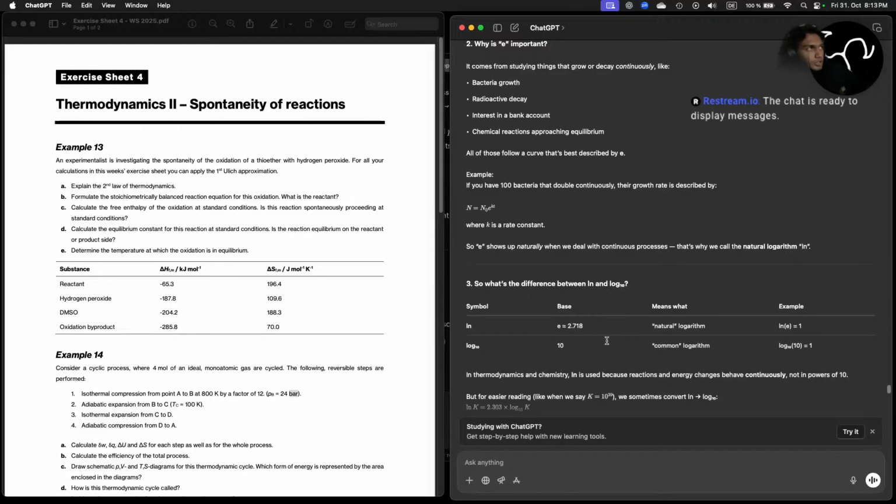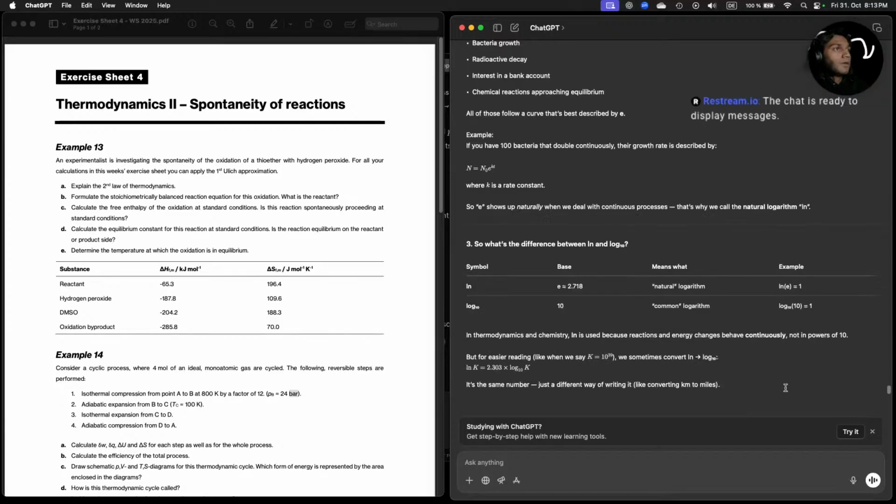In thermodynamics and chemistry, ln is used because reaction and energy changes behave continuously, not in powers of 10. But for easier reading, like when we say K equals 10 raised to 39, we sometimes convert ln to log 10. It's the same number, just a different way of writing it, like converting kilometers to miles.